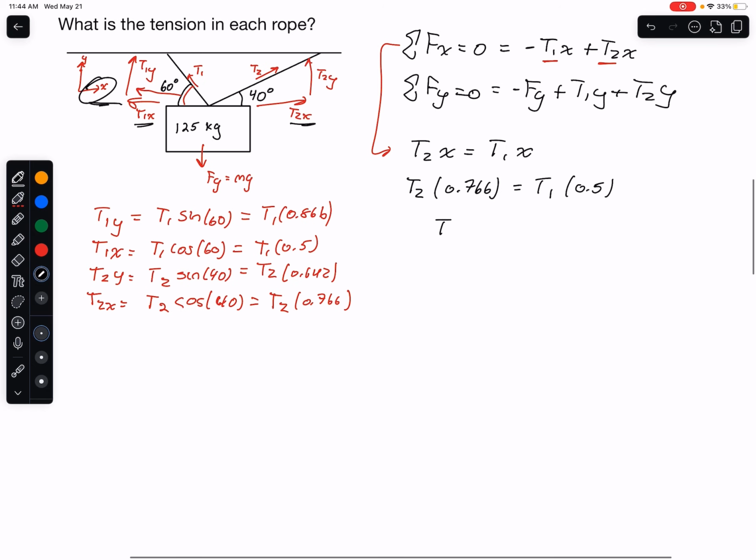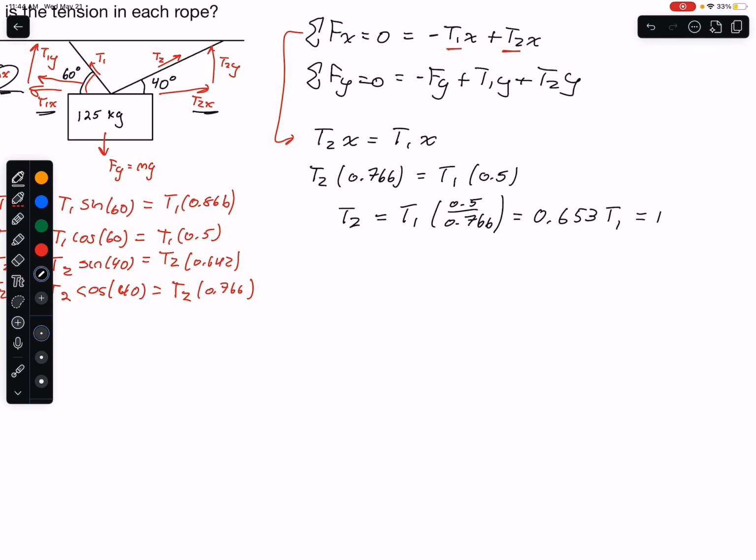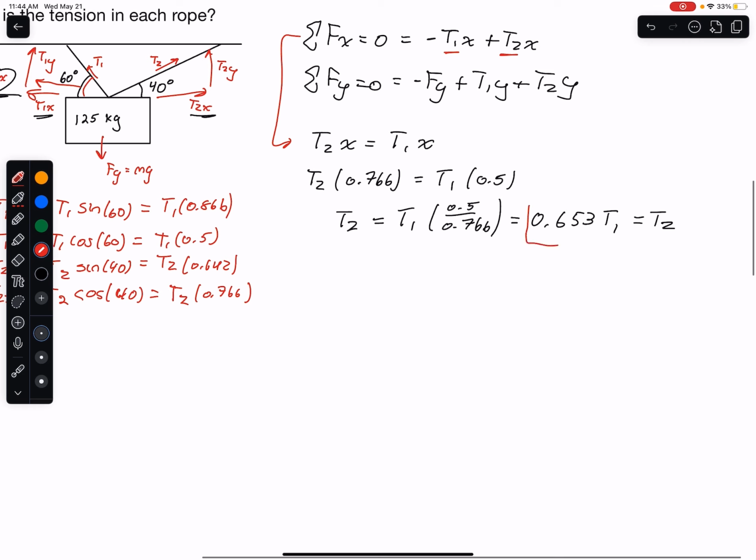Now if we solve for t2, we get t2 equals t1 times 0.5 over 0.766, which equals 0.653 times t1. I'll put t2 over here to make it more clear, and I'm going to circle that.